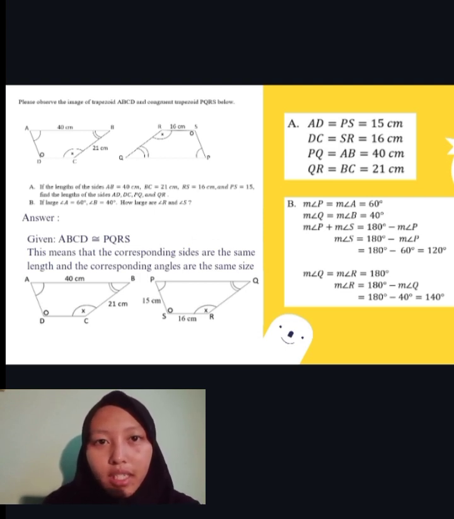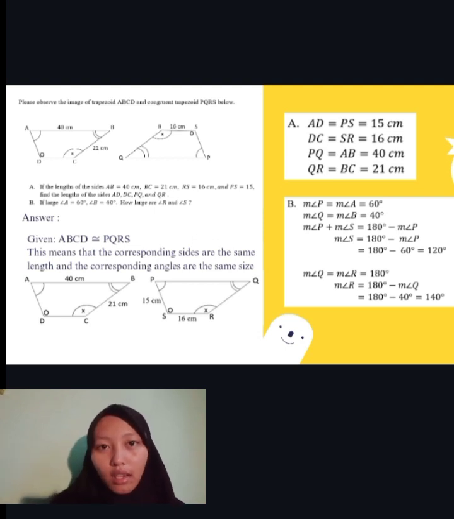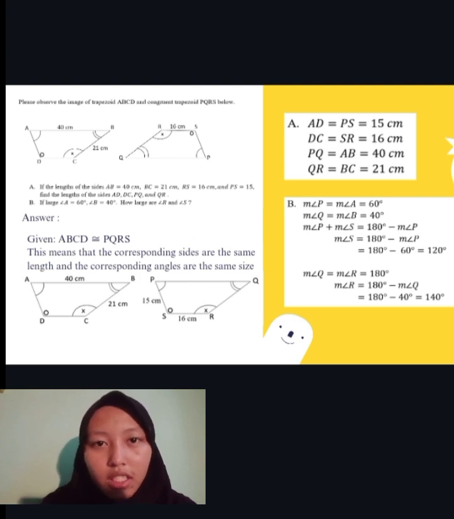Continue in part B. Here, what is asked is the size of the angle R and the size of angle S. The angles R and S are in the PQRS trapezoid. Meanwhile, what is known in the problem is angle A and angle B, whose position is on the ABCD trapezoid. So let's first look at the appropriate position.